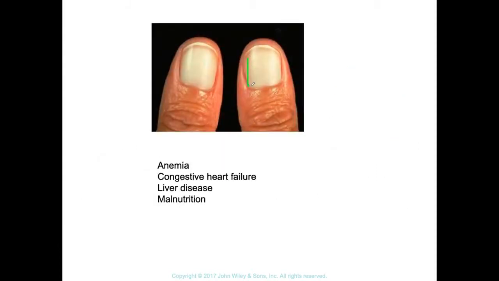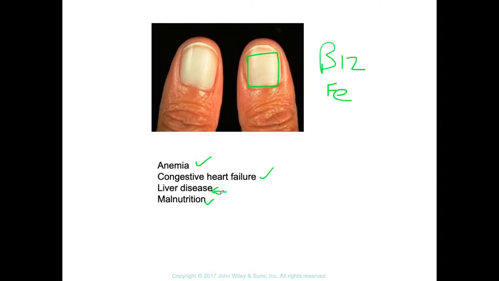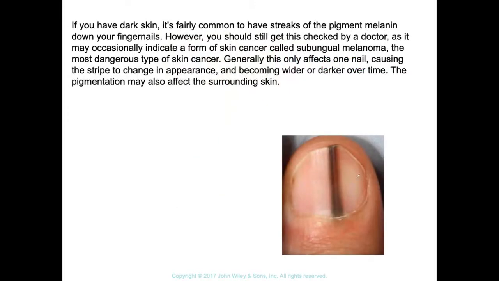If the nail bed looks white and pale, we're thinking maybe there's a B12 pernicious anemia, or an iron deficiency anemia, or severe lung problems or cardiovascular issues, like congestive heart failure, or even just poor nutrition and liver disease. The nails give us a wealth of information.